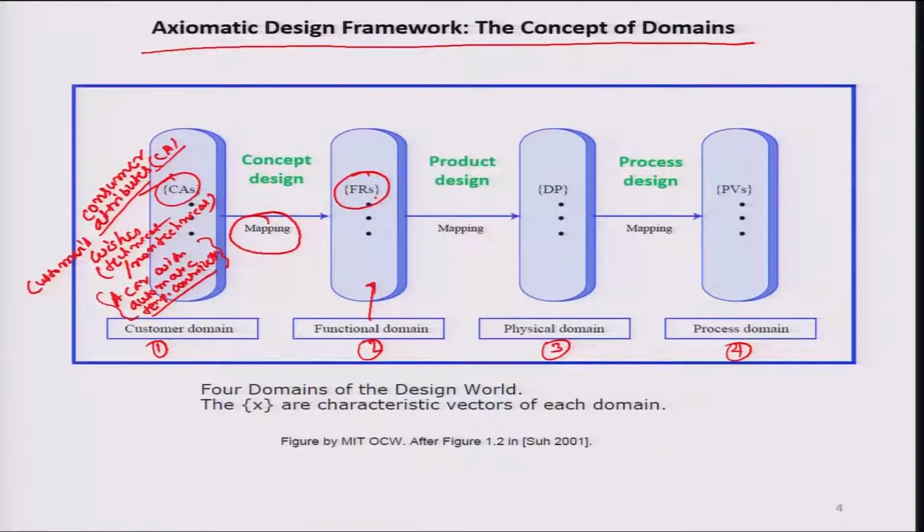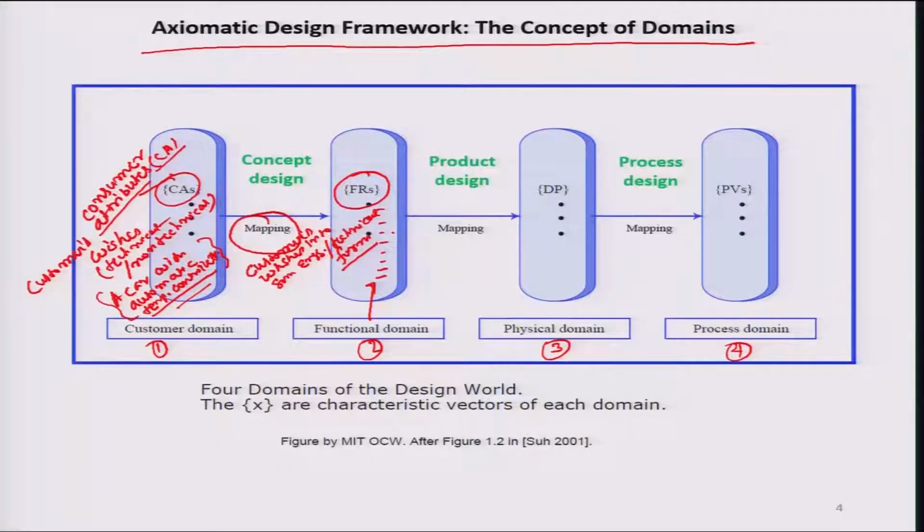So that means you have to convert the customer's wishes into some engineering or technical form. For one need, one wish, it may be possible that you have several functional requirements.